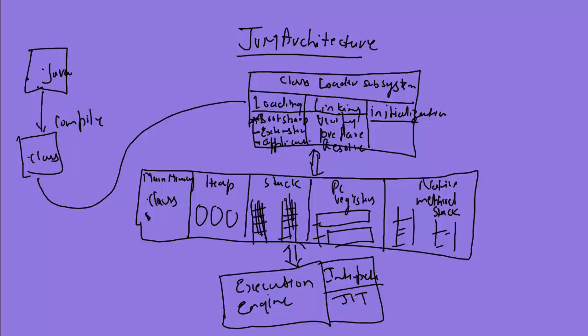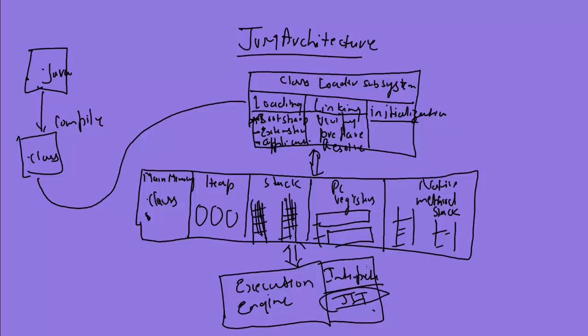But what is the role of the just-in-time JIT compiler? If there is repetitive code, like I'm invoking the same method multiple times, should I always interpret the code every time and generate the machine code for that? No, right? So there the role of the just-in-time compiler will come.